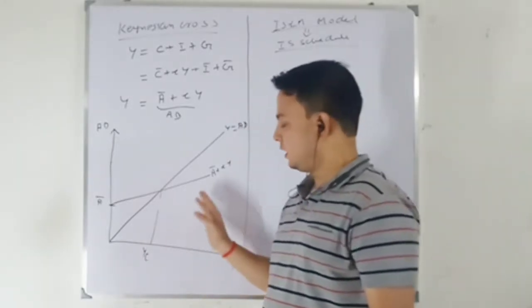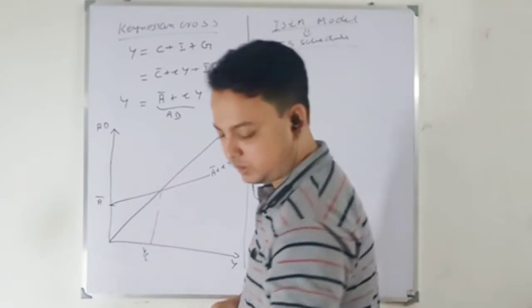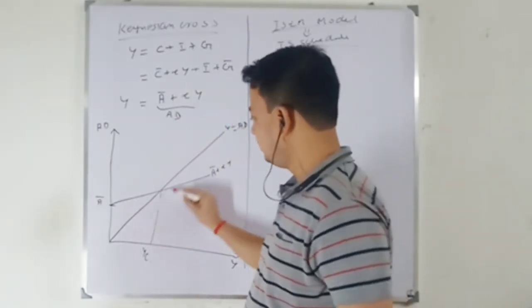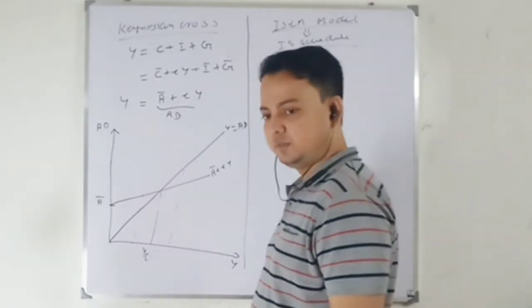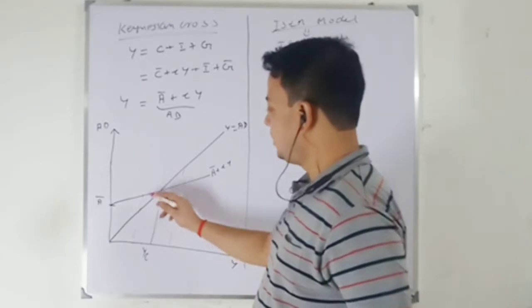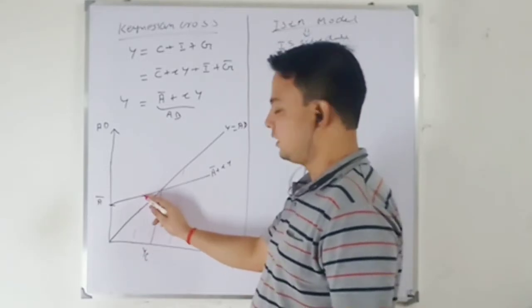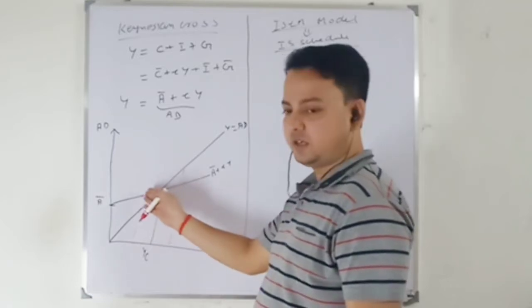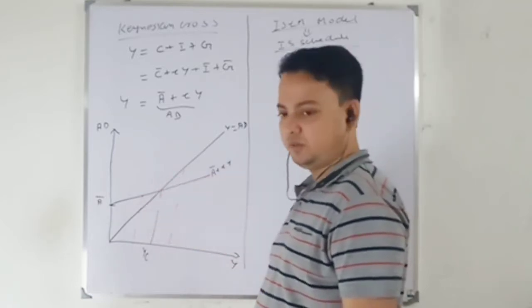Second, when you are explaining the graph, at this equilibrium, you have to talk about this part also. Here aggregate demand is more than output, so you have unplanned inventory negative, so output will increase. This will be the equilibrium.